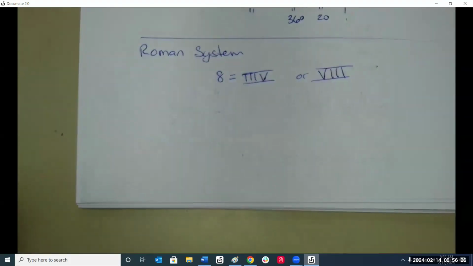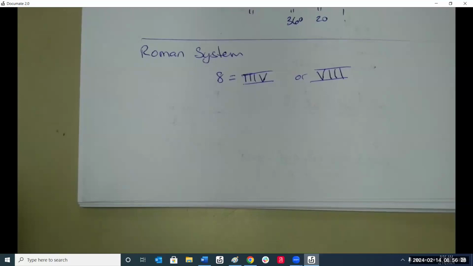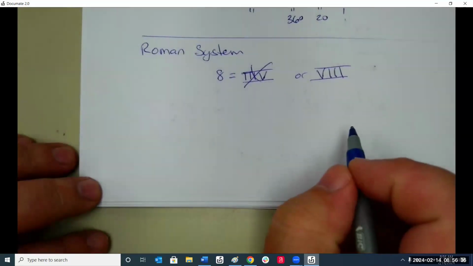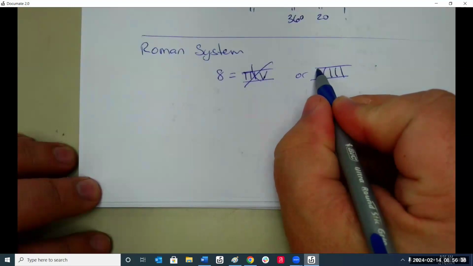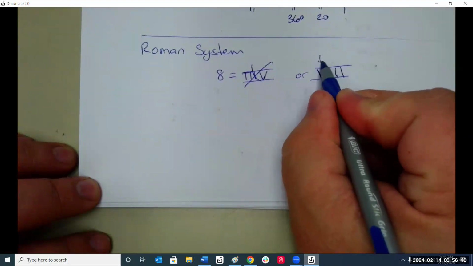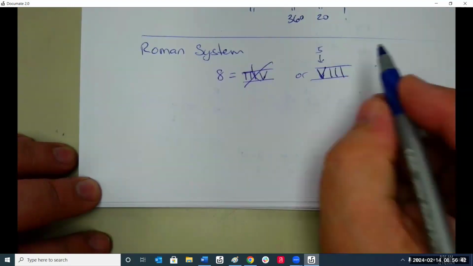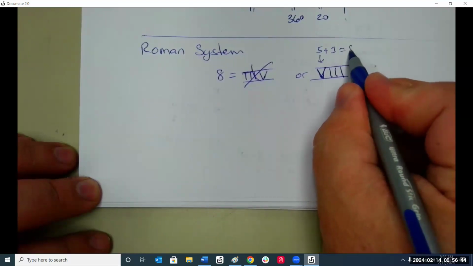Why? It's the higher value, right? Yes, that's exactly what it is. The higher, so you start off at the number 5, and then you add 3, and that gives us 8.